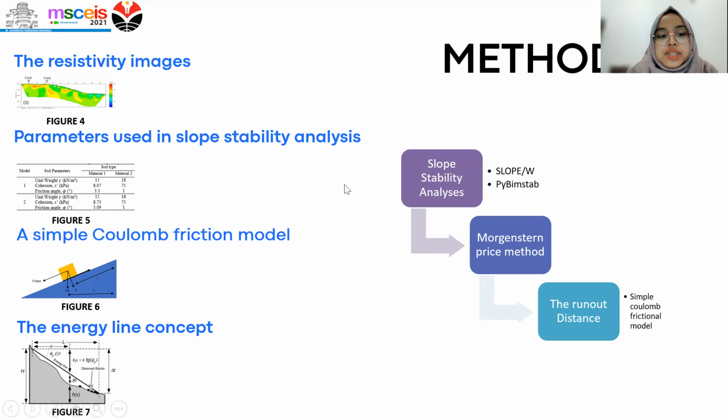The risk analysis is a use of available information for hazard identification and runoff distance analysis. The soil parameters used in the study are shown in figure 5: unit weight, cohesion, and friction angle.